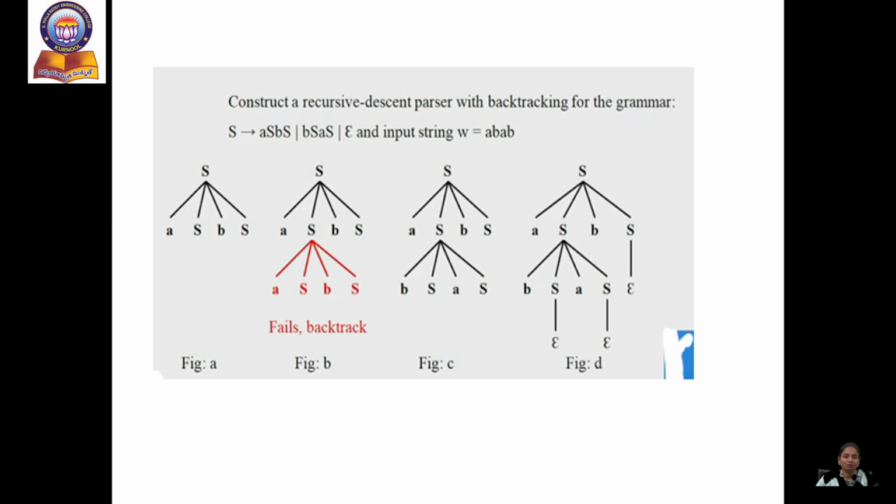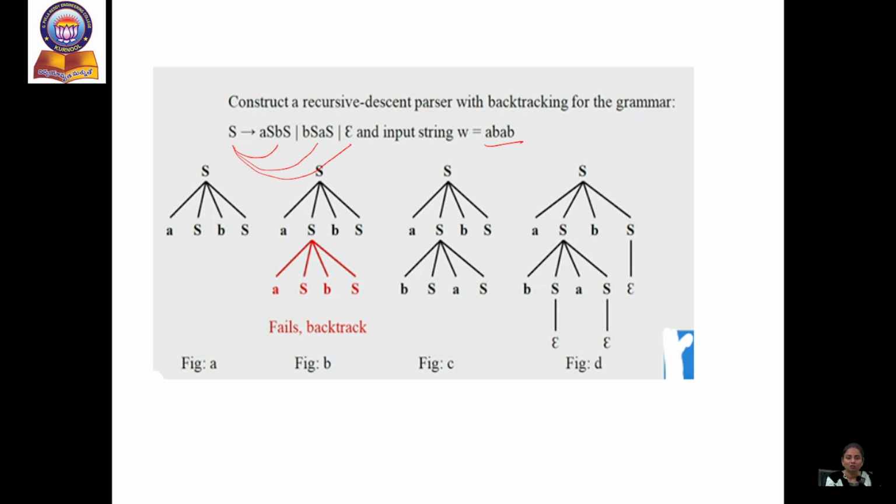This grammar S has three different productions, and this is the input string we should parse using this grammar. Finally, by parsing with the given grammar, we have to check whether the string AB can be parsed or whether we are going to get an error.